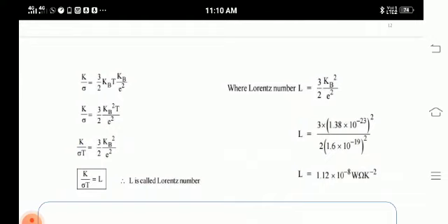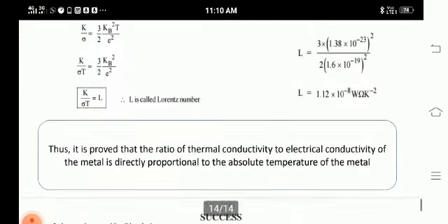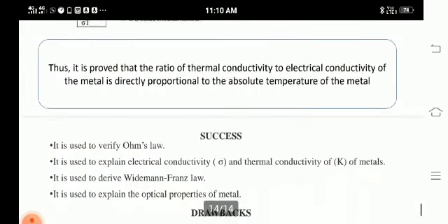From that we conclude that K by sigma is equal to L into T. This is the required Wiedemann-Franz law derivation. It is proved that the ratio of thermal conductivity to electrical conductivity of a metal is directly proportional to the absolute temperature of the metal.